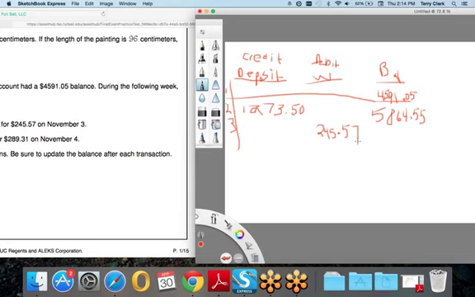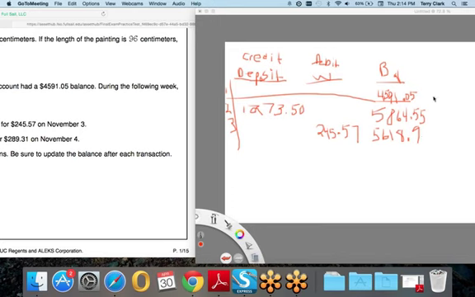And so that gets subtracted off because it's taking money out of the account. And then that brings us back down to 5,618.98. Okay.